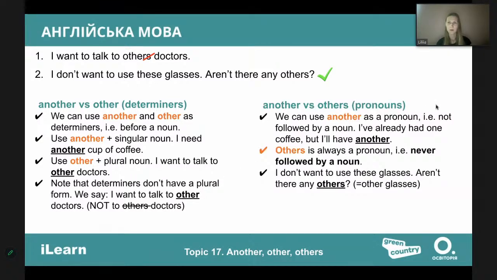Okay, so when you say another as a pronoun, we can use it without s and without a noun after. For example, I don't need this book, I need another. But others is an equivalent to other if you don't need a noun afterwards. So I need other books or I need others.